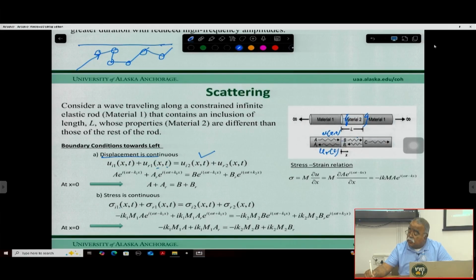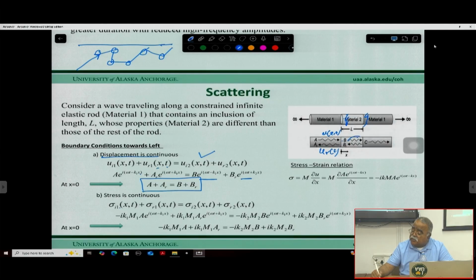This is equal to e^(i omega t), and this part is for the incident part and also the reflection part. So if at x equals 0 I substitute it, then A plus A_r equals B plus B_r, at the x equals 0 point.